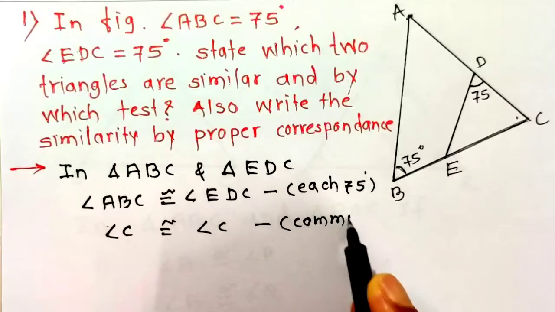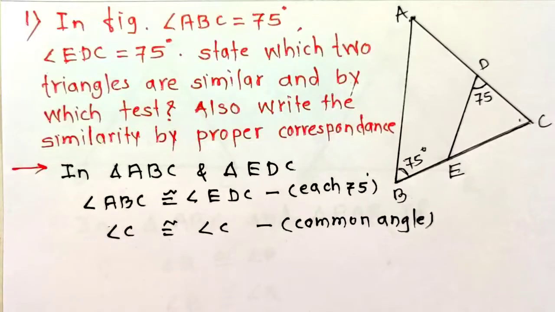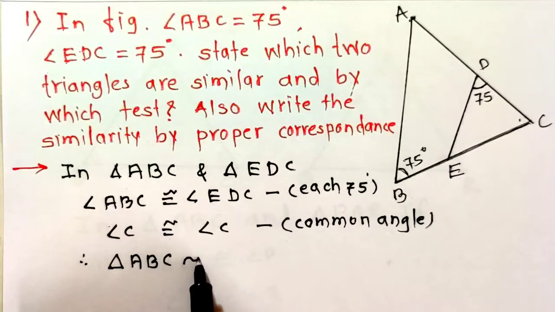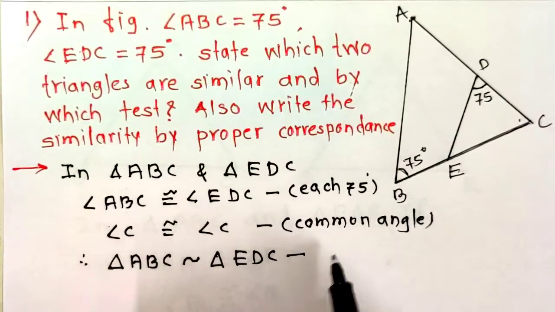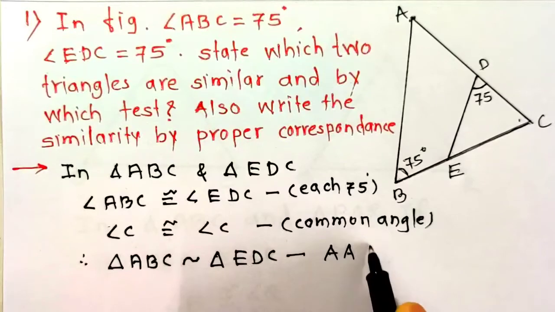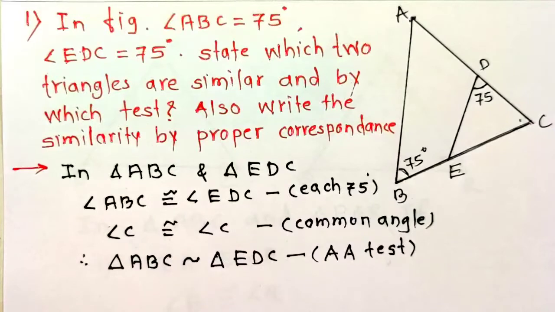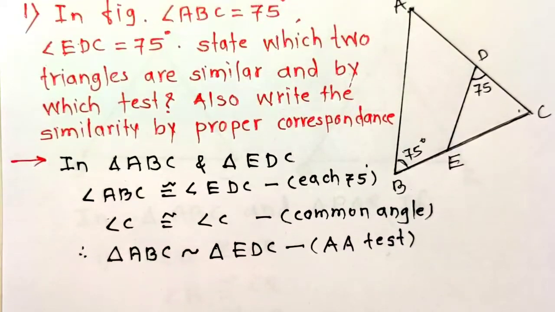This is the common angle for both the triangles. And therefore triangle ABC is similar to triangle EDC by which test? AA test of similarity. Because when two pairs of corresponding angles are congruent, then these two triangles are similar by AA test.